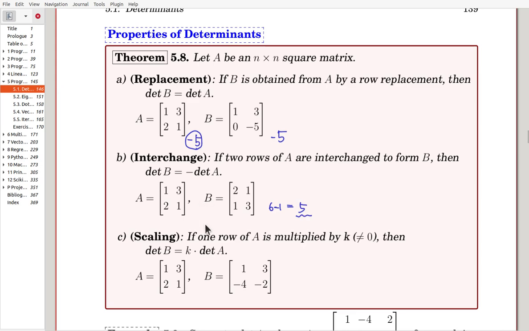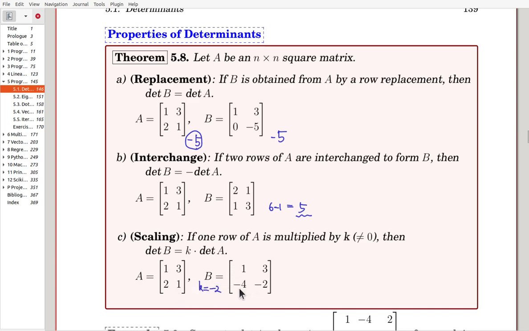Right? If one row of A is multiplied by k, so we are applying a scaling operation, then for the new matrix, the determinant is k times the original matrix determinant. Okay, for this matrix, we multiplied the second row by k equal to -2. Right?